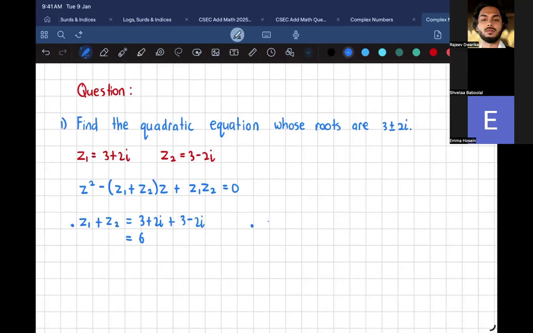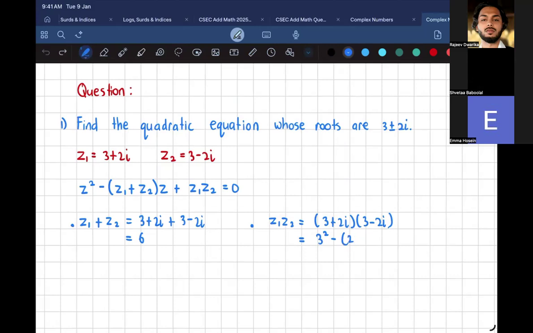Right, the next one we're going to multiply. Z1 by Z2 is equal to 3 plus 2i and 3 minus 2i. Again, this is the difference of two squares. It's not that deep. It's going to be a squared minus b squared, so 3 squared minus 2i squared.